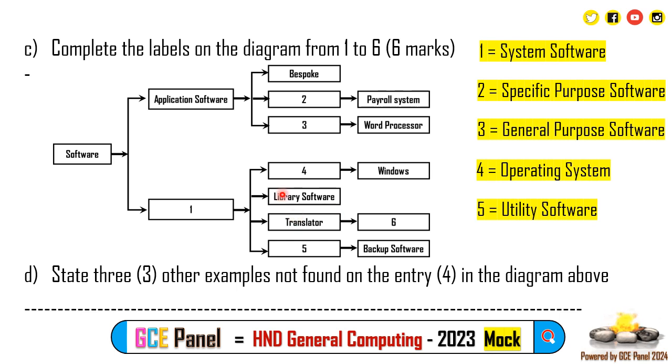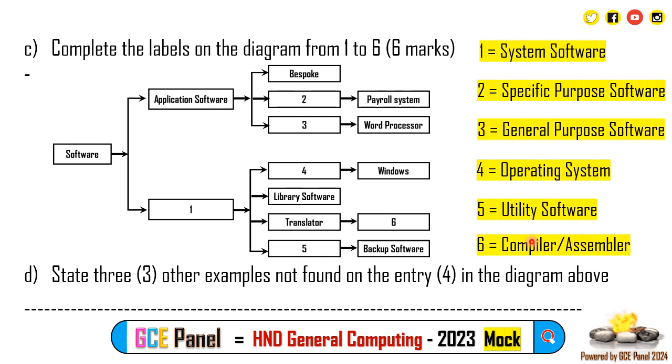But for number 5, the only thing missing after operating system, library software, and translator is utility software. So number 5 is utility software, while number 6, examples of translators, include compilers, assemblers, and interpreters. Interpreter is not written here, but you have either compiler, assembler, or interpreter.